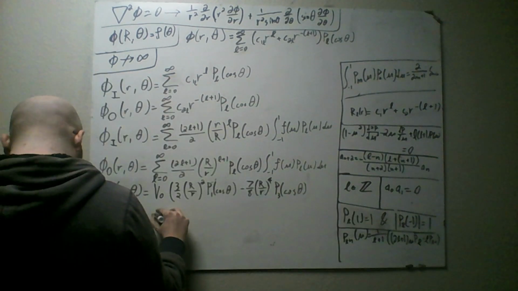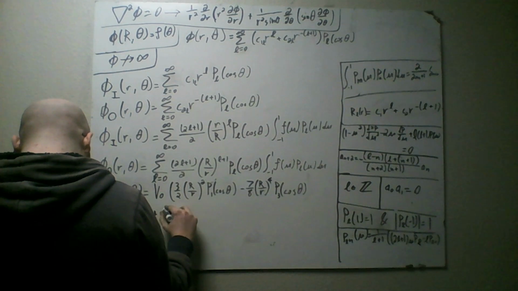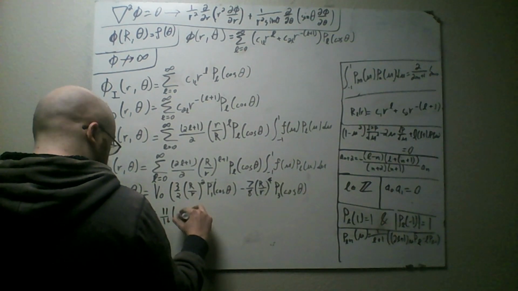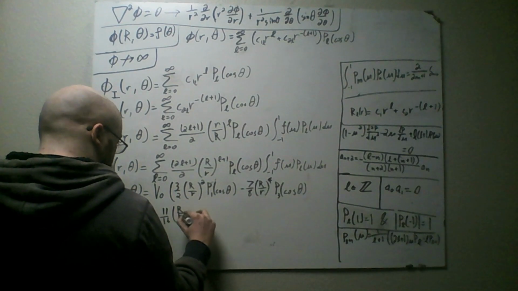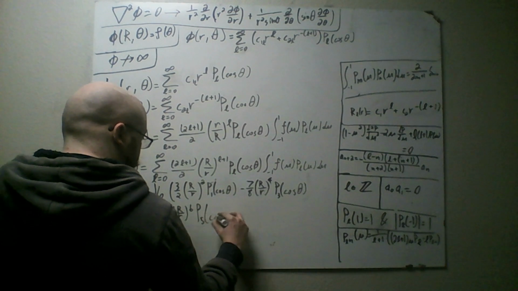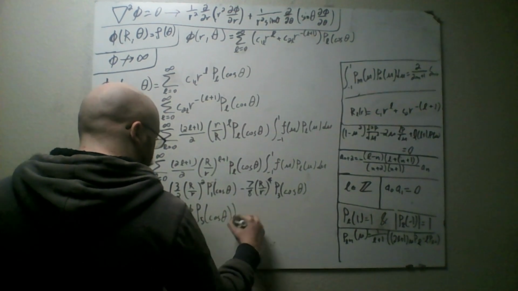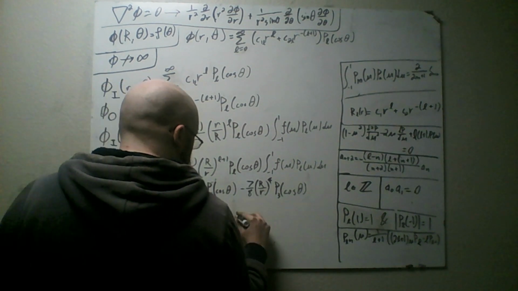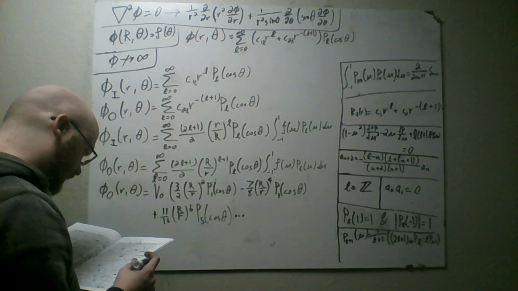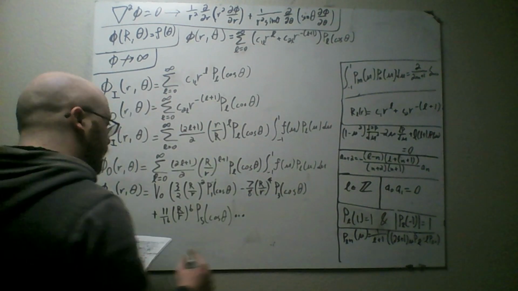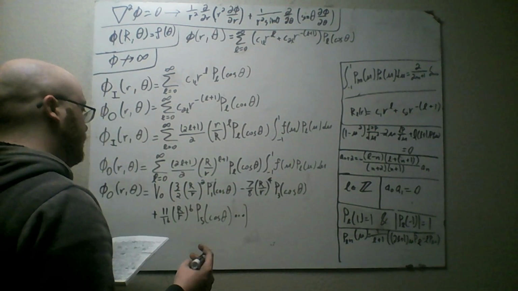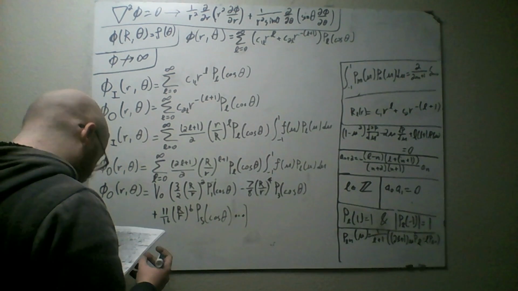So, plus 11/16 r over little r to the 6 times 5 cosine theta, dot dot dot, right? And let's see what you can get out of this. It's over r to the 4th.